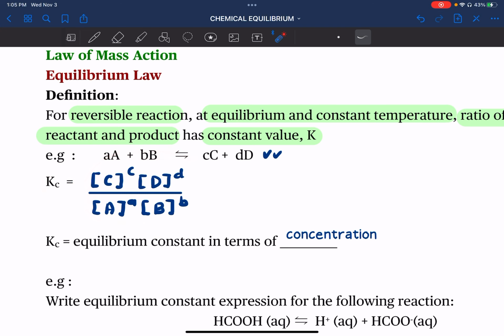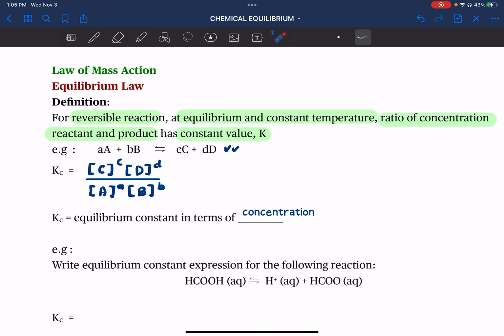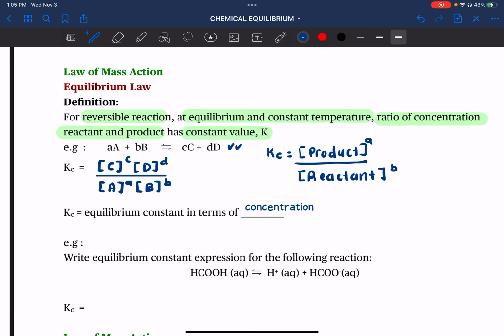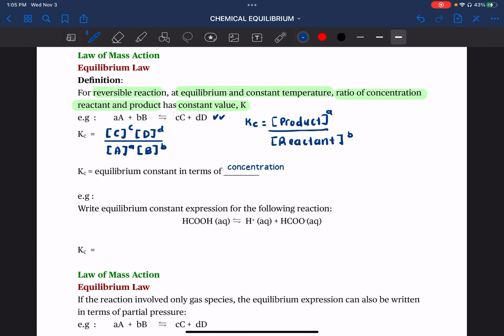So, constant dia adalah Kc. So, what is Kc? Kc is the equilibrium constant in terms of concentration. Okay, dia punya formula, jangan confuse. Kc ni adalah concentration of product over reactant. Bukan reactant over product, product over reactant to the power of its stoichiometry. Okay, so bergantung pada situasi dia lah.